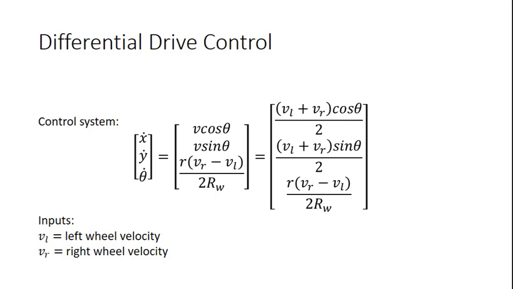Then we expand these out over here on the right-hand side so that all of our inputs are just VL and VR. If you look at the rightmost vector, the only variables we have are VL and VR. Again, we have little r and we have RW, but keep in mind those are static constant values.